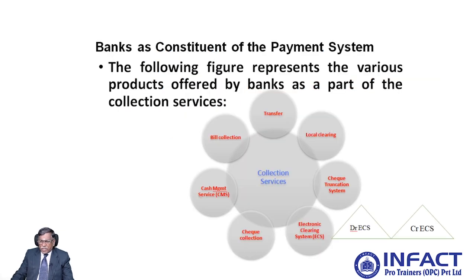You can see this picture on the slide. The following figure represents the various products offered by banks as a part of collection service. Start with transfer, then local clearing, check truncation system, electronic clearing services, check collections, cash management services, and bill collection.